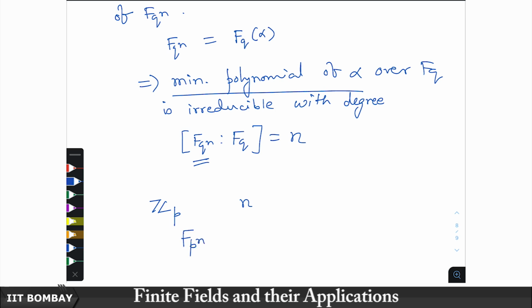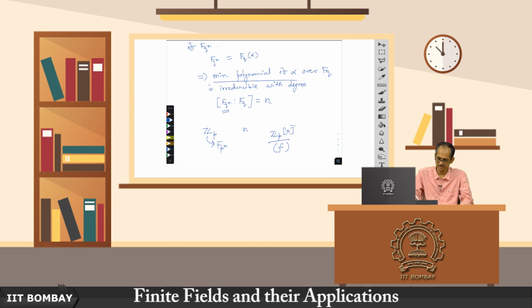We will get F p power n by taking Z p[x] modulo f, like this. In fact, this is one of the most popular ways of constructing a finite field and using such polynomials to do computations over finite fields.